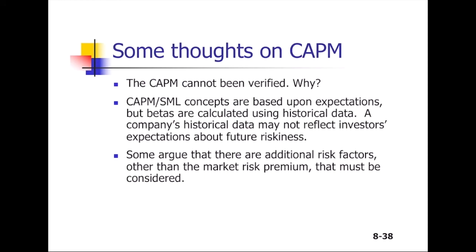In CAPM, we can write as this: Ri is equal to RRF plus market return minus risk-free rate multiplied by beta, right? Actually, this equation is this: expected market return minus RRF times beta, right?